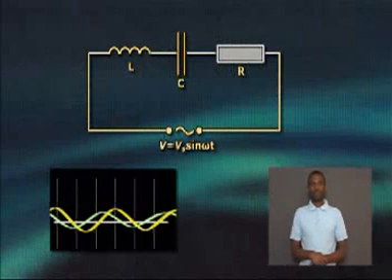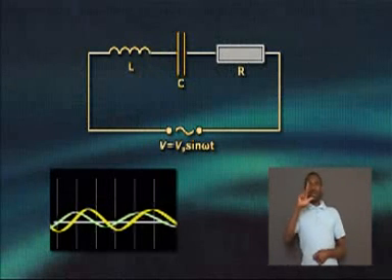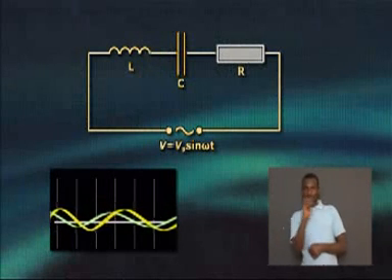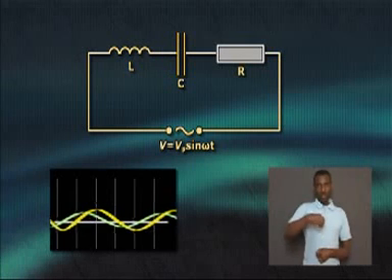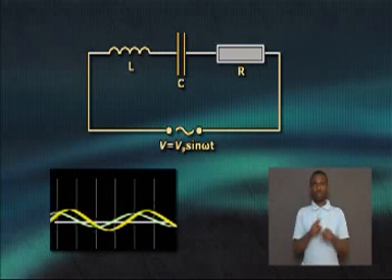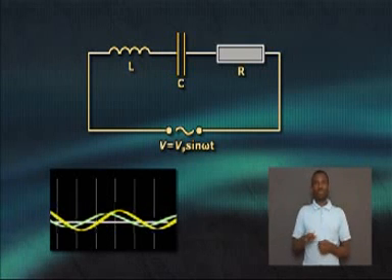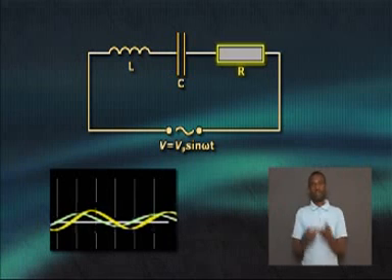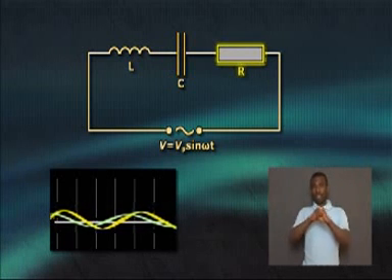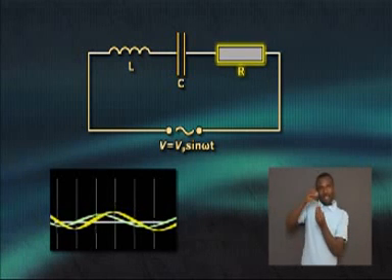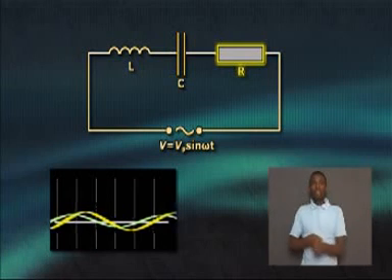An RLC circuit will resonate in the same way as an LC circuit. In an RLC circuit, however, the oscillation we create will eventually die out over time because of the resistance generated by adding a resistor to the circuit.